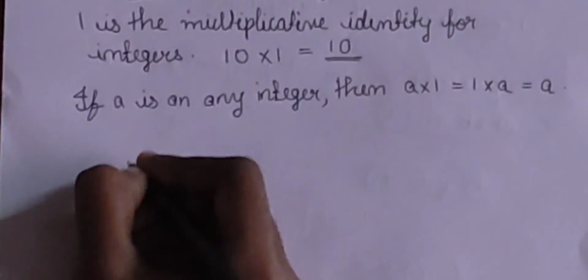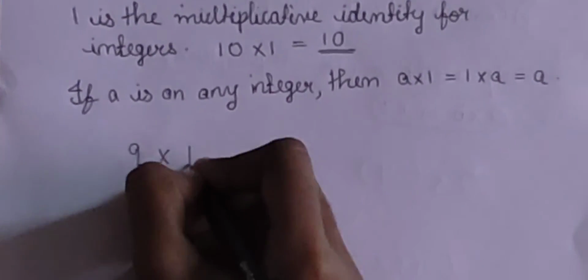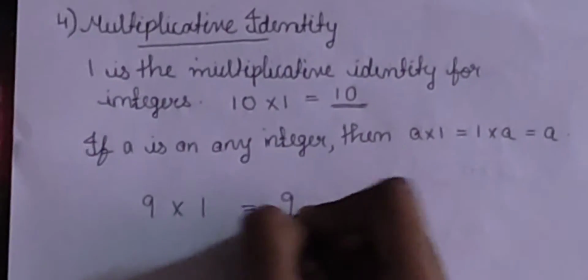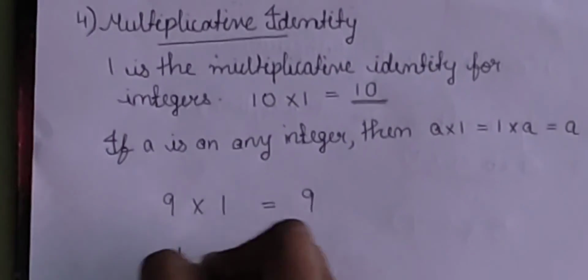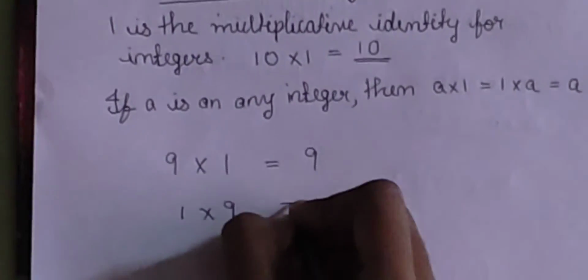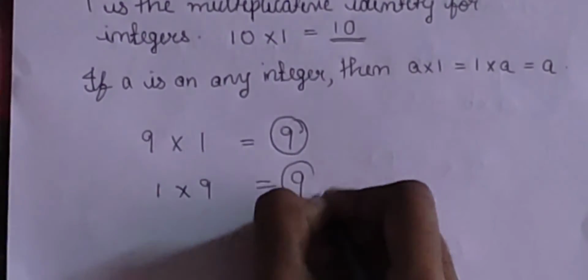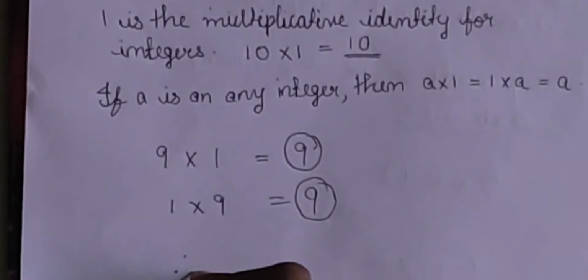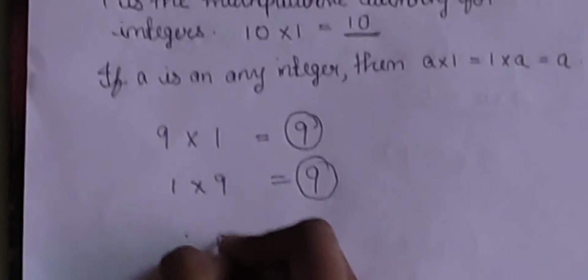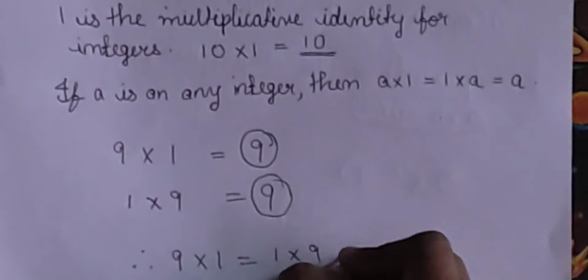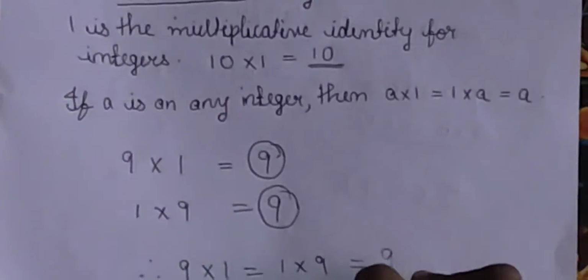For example, 9 into 1 is equal to 9, and 1 into 9 is equal to 9. Here both answers are the same. Therefore, 9 into 1 is equal to 1 into 9 is equal to 9.